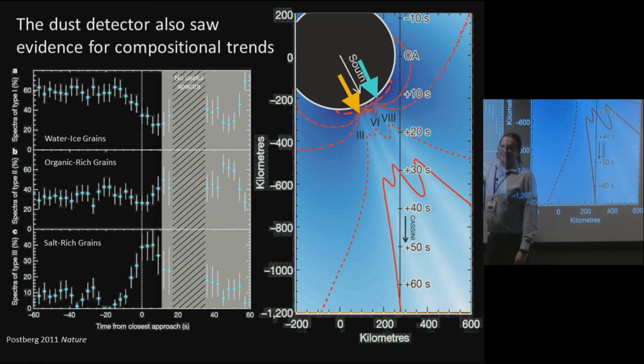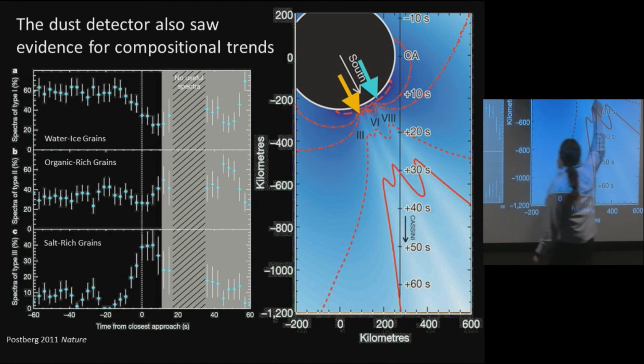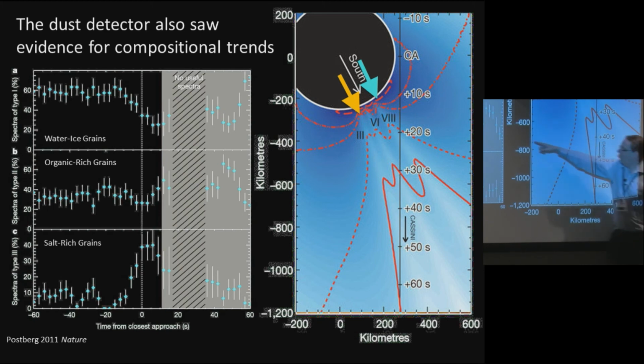This plot is in the paper. The organic rich fraction starts here, and as you're crossing the plume, it's slowly rising, even though you're moving out. And these particles are almost as big as these.